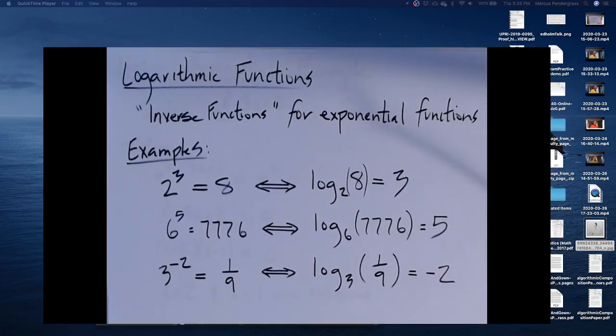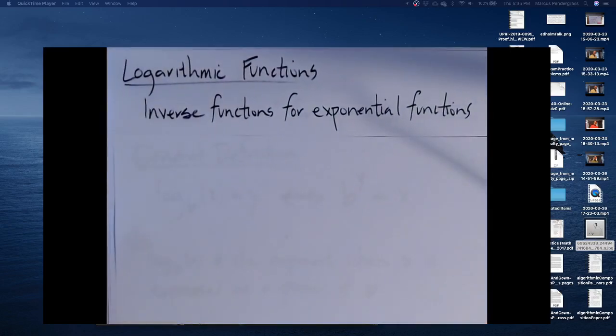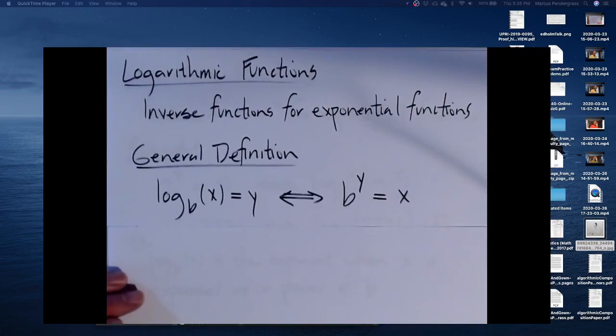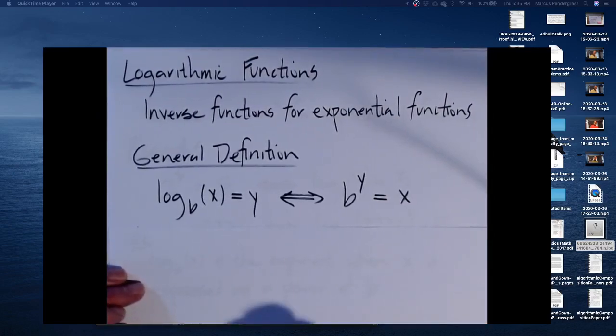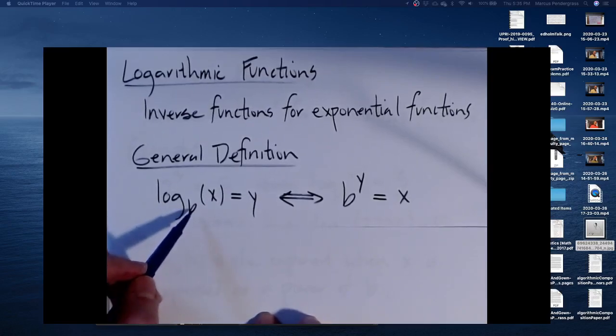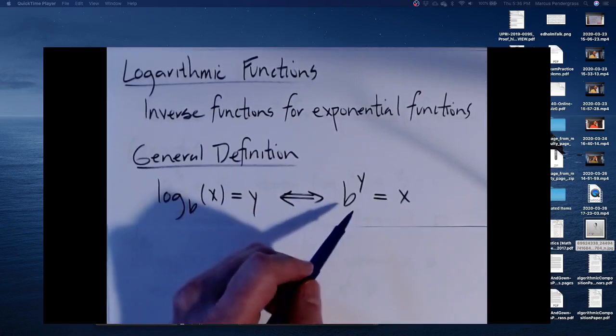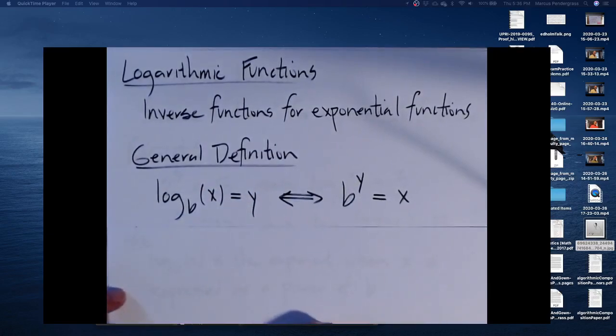So logarithmic functions are the inverse functions for exponential functions. And the general definition is very much like those examples. Log base b of x equals y if and only if b to the y equals x.